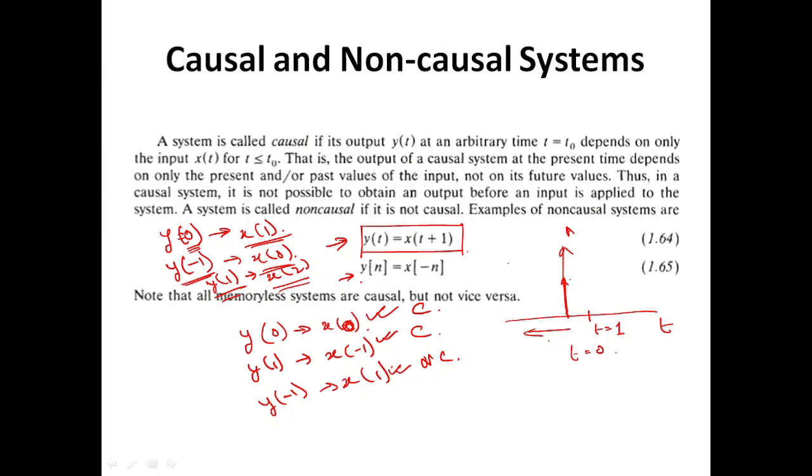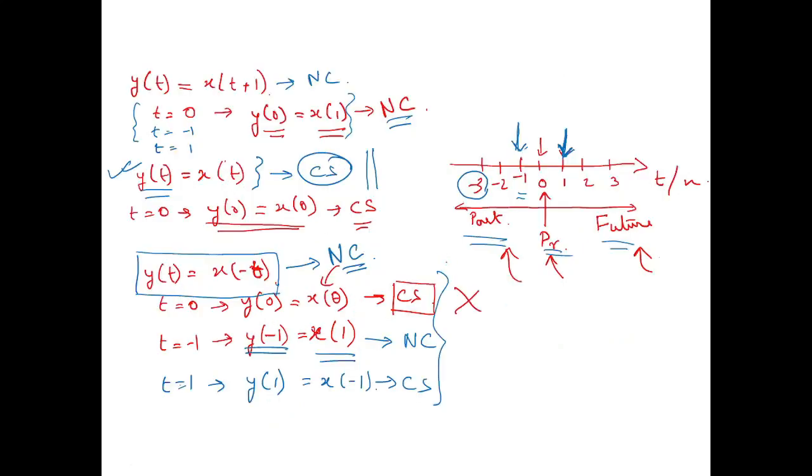So the second system is non-causal in nature. Again we have these things. We have just discussed y of t equals x of t plus 1, so it is a non-causal system. This one also we have just discussed.